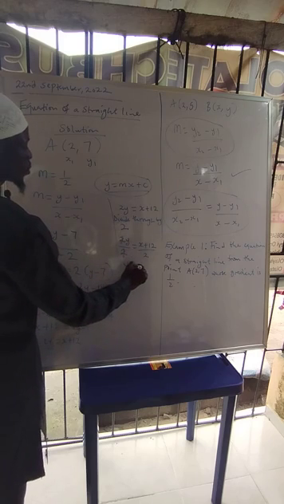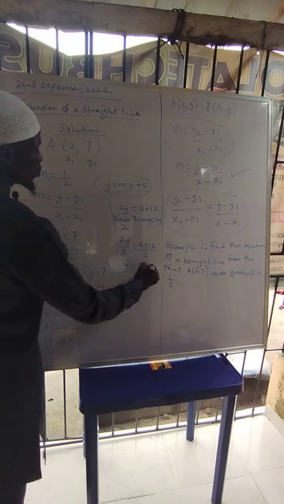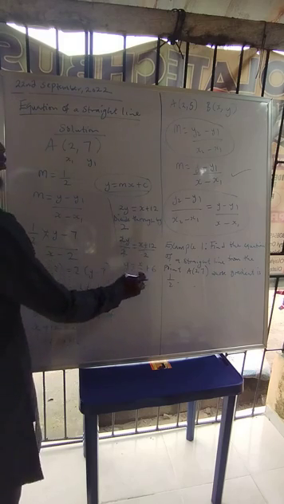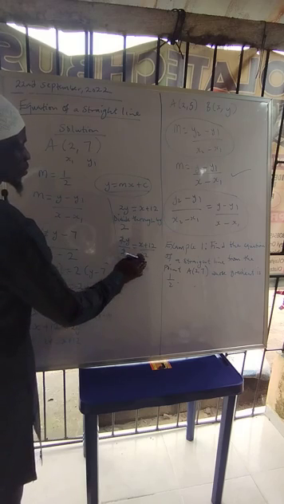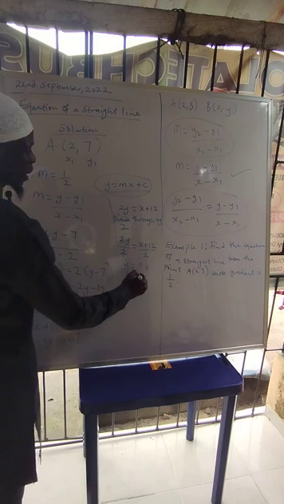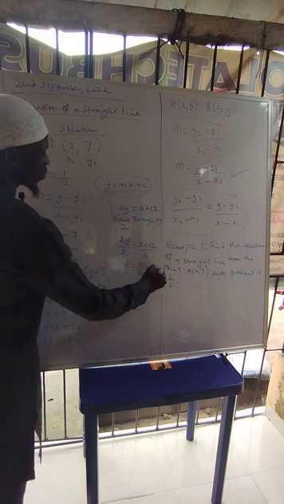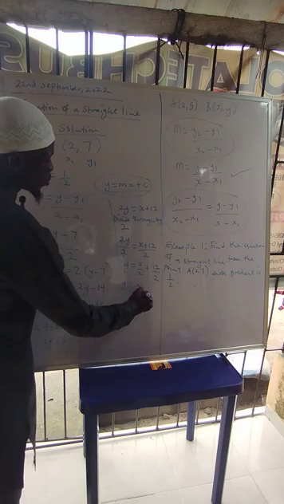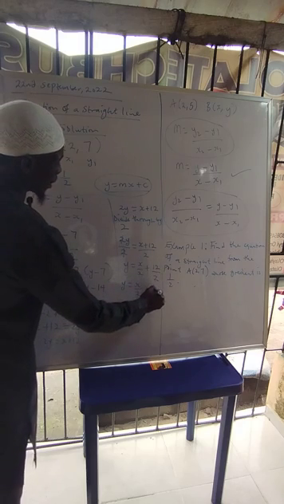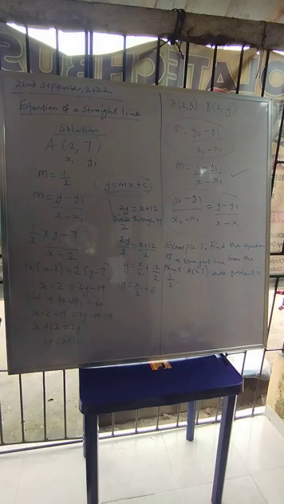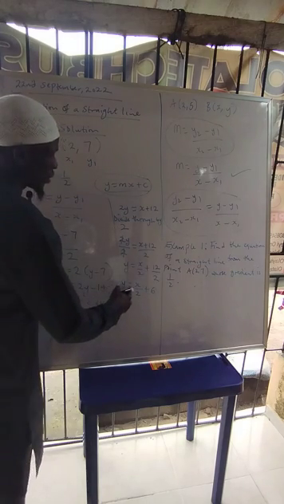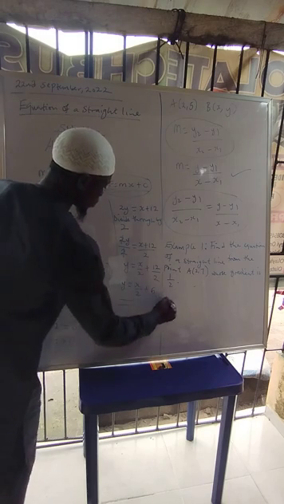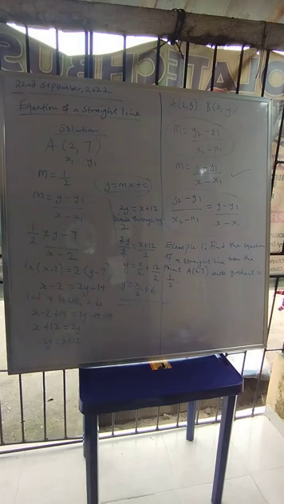We split the fraction into x over 2 plus 12 over 2. Then y is equal to x over 2 plus 12 divided by 2, that's 6. So this gives us y is equal to x over 2 plus 6. So this will be our equation of a straight line.